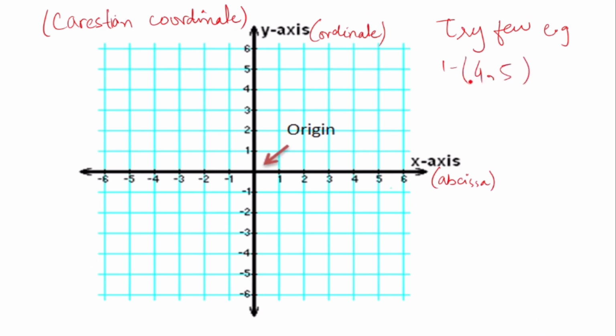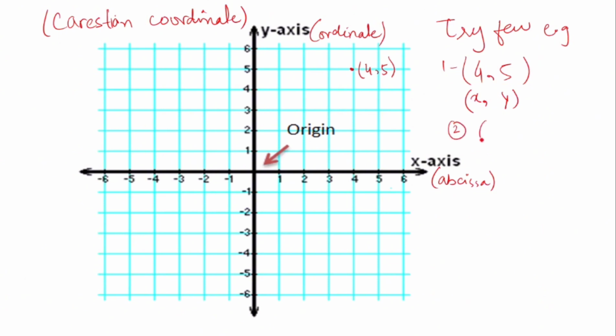This is 4, 5. For now we will locate a few examples, like 4 along the x-axis. This is our x-axis and this is the y-axis. So along the x-axis it's 4 and along the y-axis it's 5. So this is the point 4, 5.